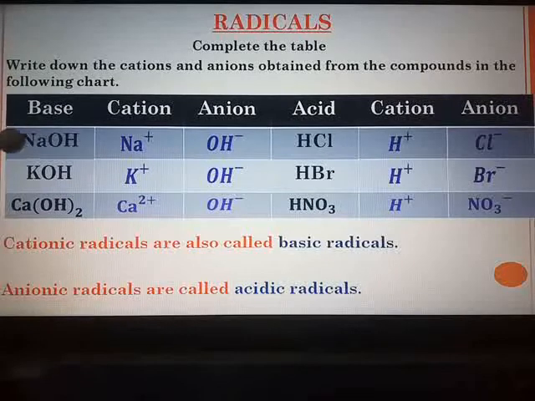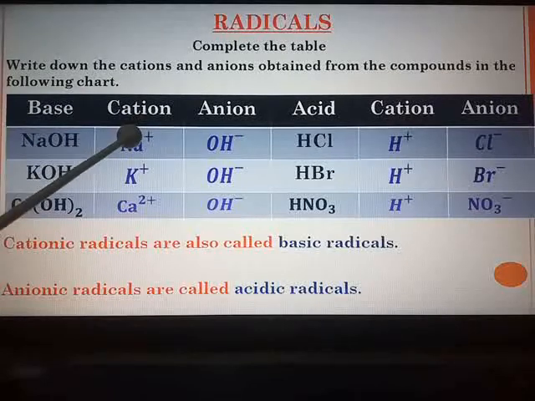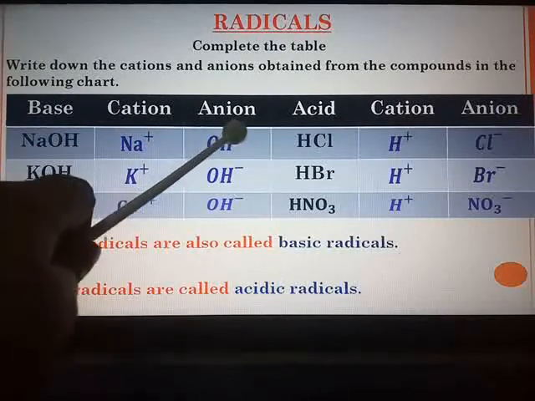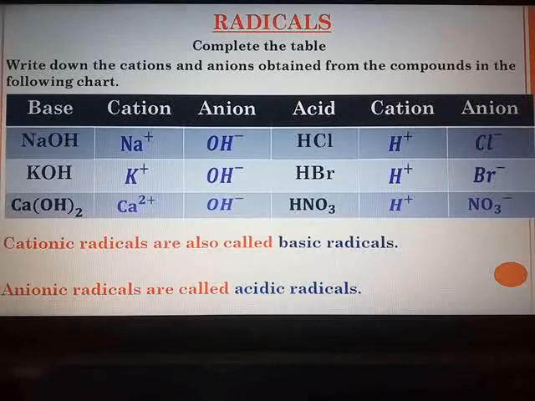So NaOH, sodium hydroxide, is the base, which is the cation Na. So Na with a plus sign is cation, OH with the negative sign is anion. Same for KOH. K plus is the cation, OH minus is the anion. Ca(OH) twice.